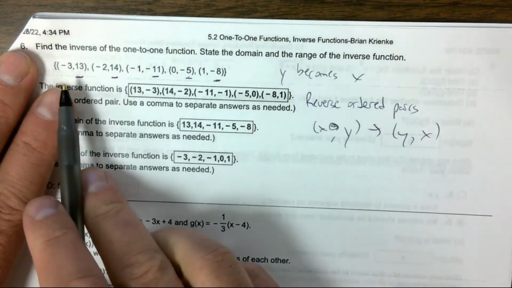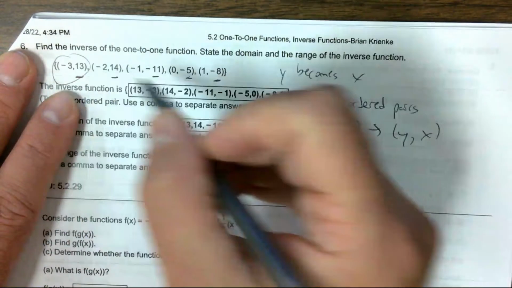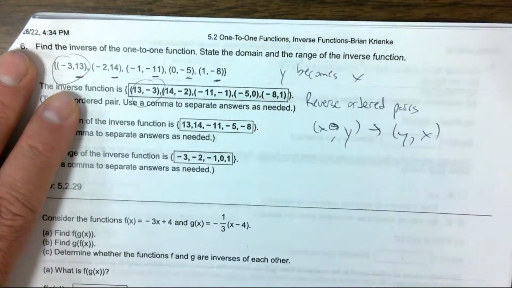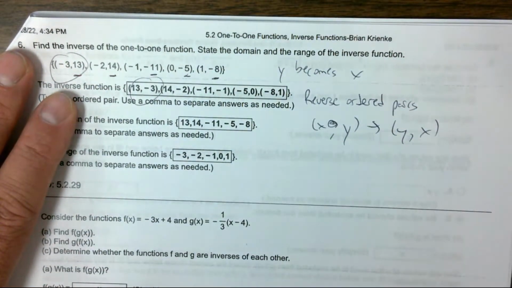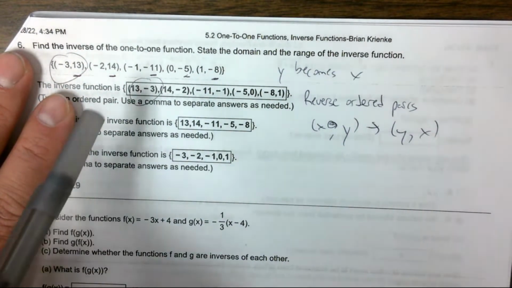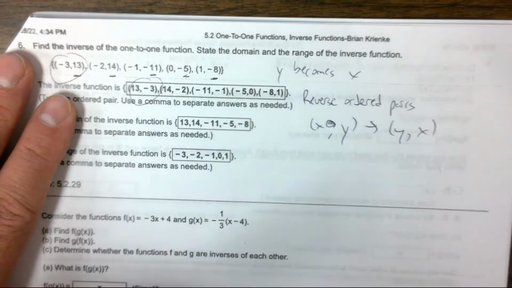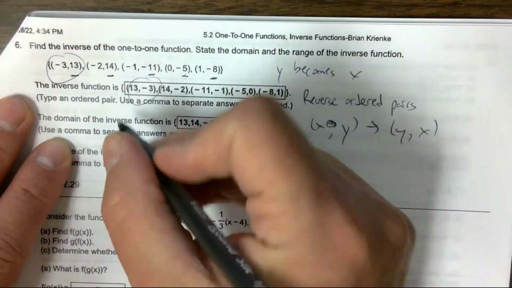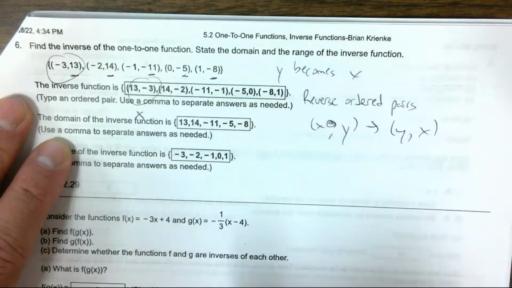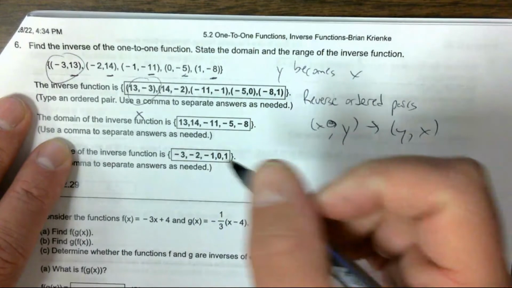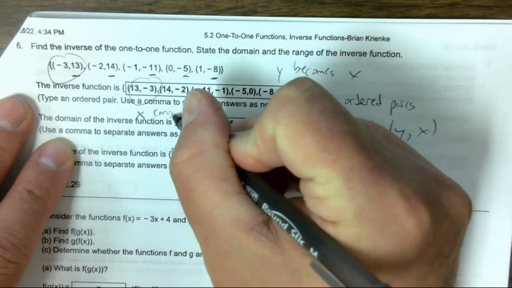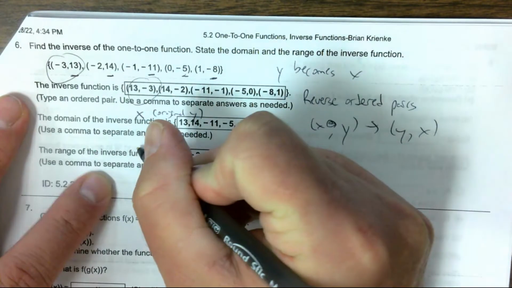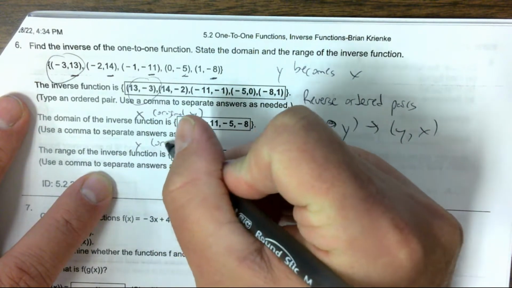So (-3, 13) becomes (13, -3), and so forth. Make sure you put commas between them, and make sure your parentheses close. Then your domain would be the new x's, which are the original y's, and these would be your y's, which were your original x's.